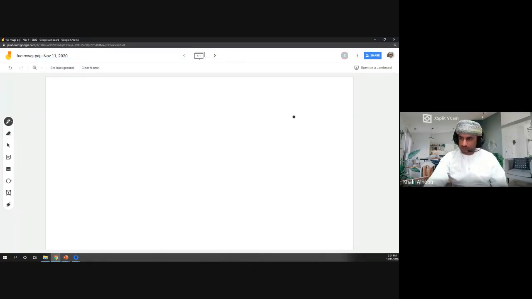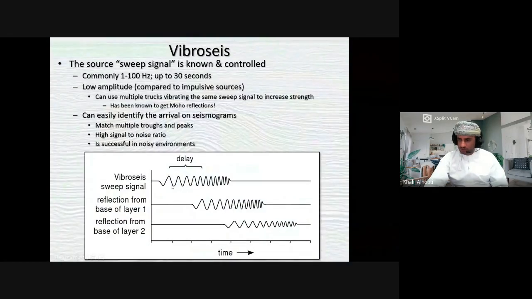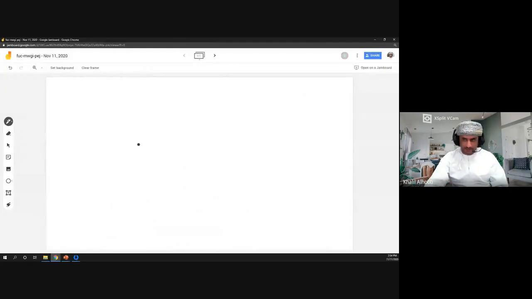That's good. So if I give an explanation of what you are seeing here, back to the slides, what are these two things? I can explain them simply as such. Let's say this is my surface, this is the first layer, this is the second layer, and the energy went down.